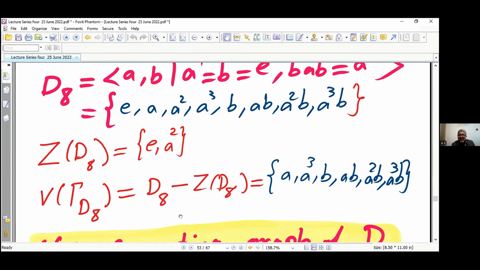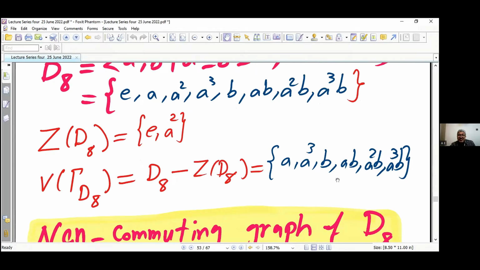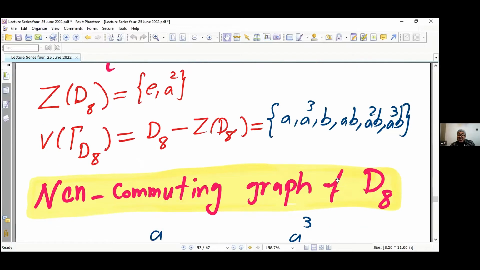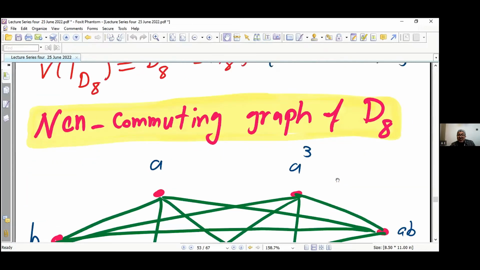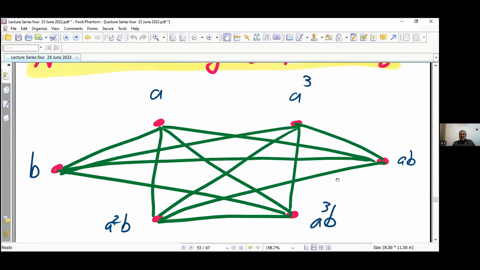So we will have six elements as the vertex set: A, A cube, B, AB, A square B, and A cube B. Now here is the non-commuting graph of the dihedral group of order 8, right?